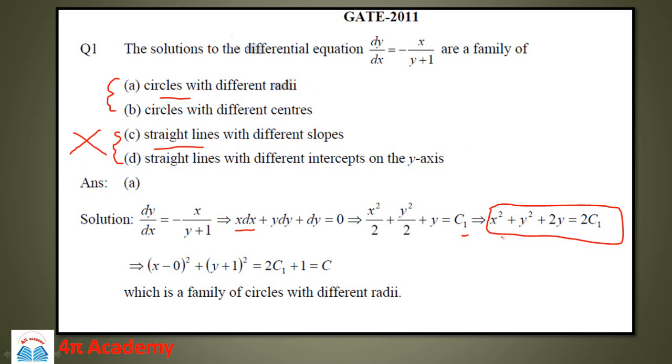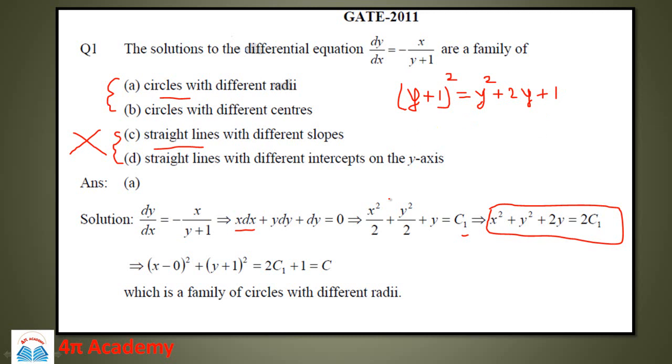So now we convert this equation, so like here if I make this equation as x minus 0 square plus y plus 1 square, because this y plus 1 square will be equal to what? This y plus 1 square will be equal to y square plus 2y plus 1.